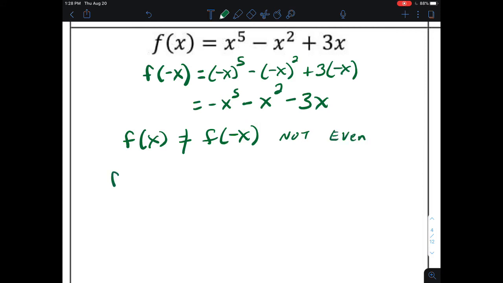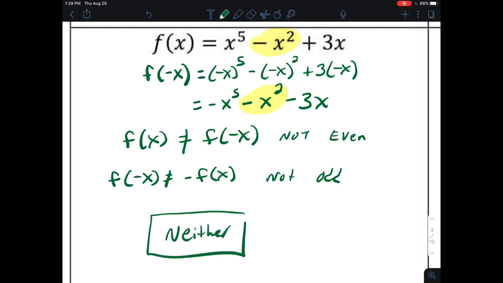And the second question we ask ourselves is, does f of negative x equal negative 1 times f of x? And we go through and look for a change in the signs. The issue here is all the signs are opposite except for this one, which means it is not the same thing as multiplying my function by a negative 1, so I know it's not odd. So that means it's neither.